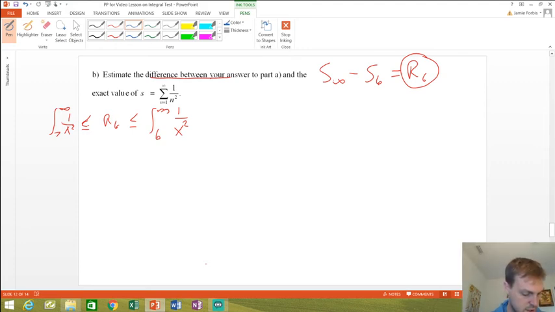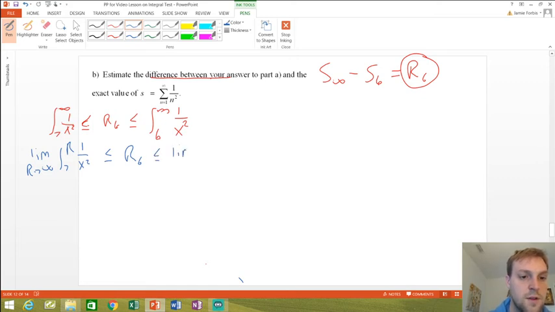I'll say the limit as r approaches infinity of the integral from 7 to r of 1 over x squared is less than or equal to r6, less than or equal to the limit as r approaches infinity of the integral from 6 to r of 1 over x squared.